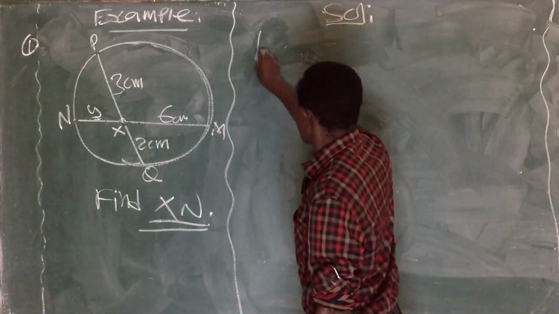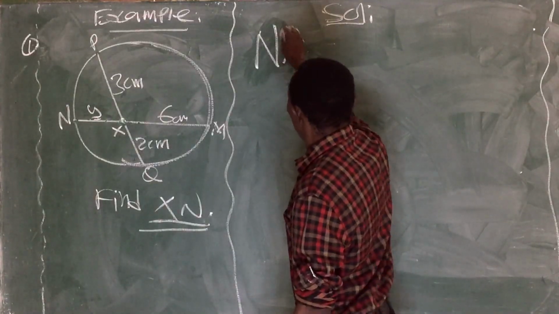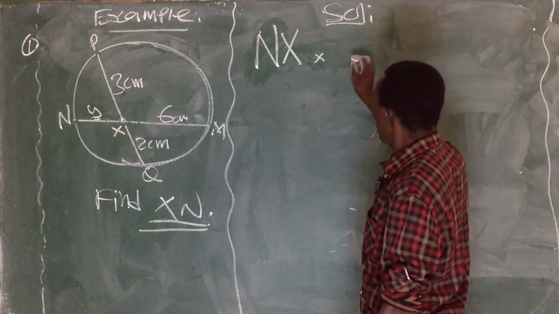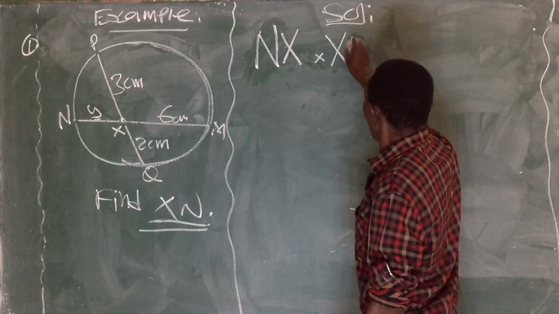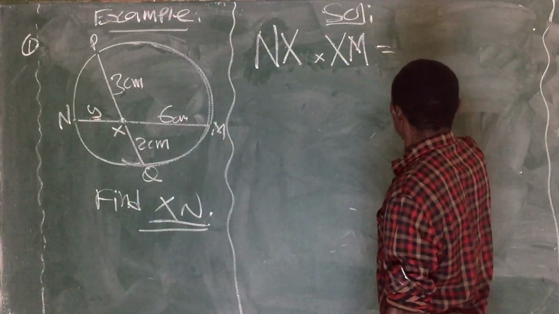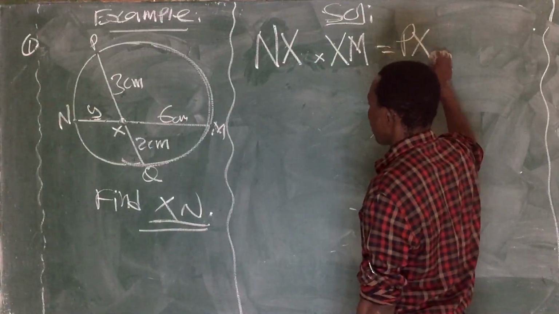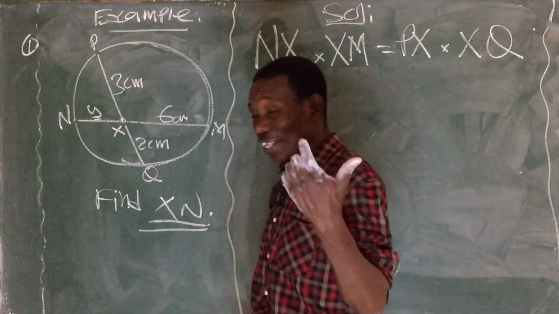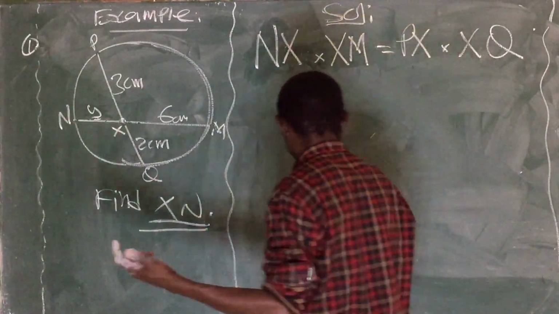Let me write it as NX multiplied by XM, which should be equal to PX multiplied by XQ, by our theory about the intersecting chords.